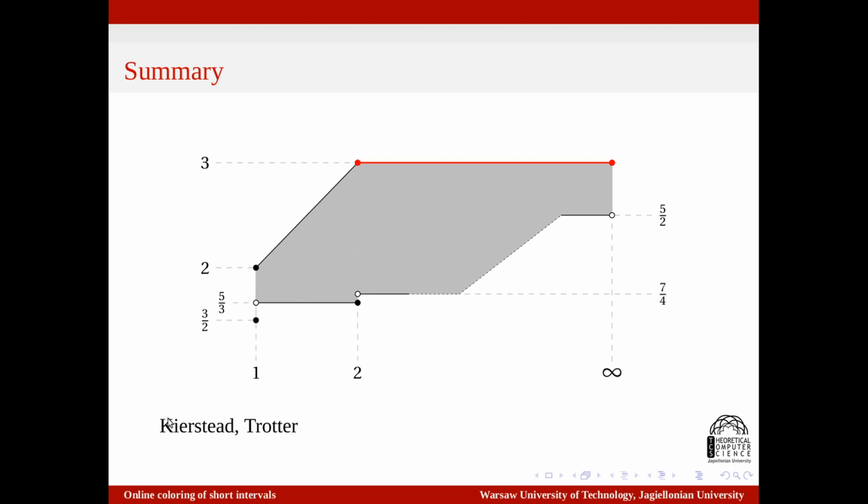The algorithm by Kierstead and Trotter is 3-competitive. So this is this red line here that tells us that there is a 3-competitive algorithm for all the sigmas.